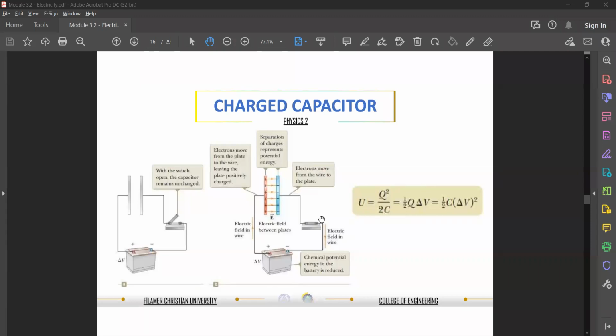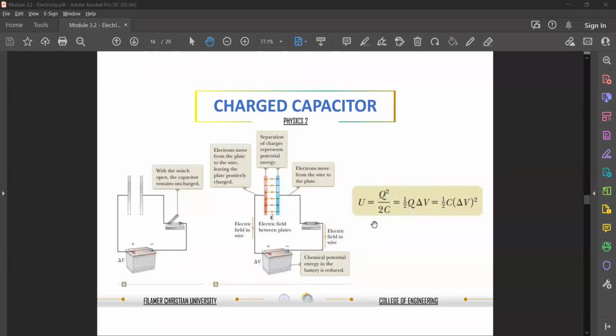Okay, and then the electric field in the wire. So this creates a chemical potential energy in the battery, or the chemical potential energy in the battery is reduced, no? And then we have here, so ito na yung equivalent mo na formula.